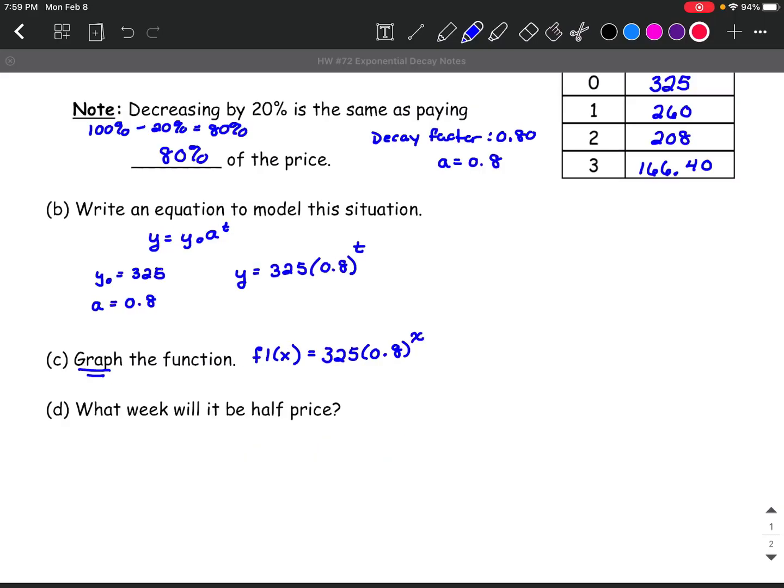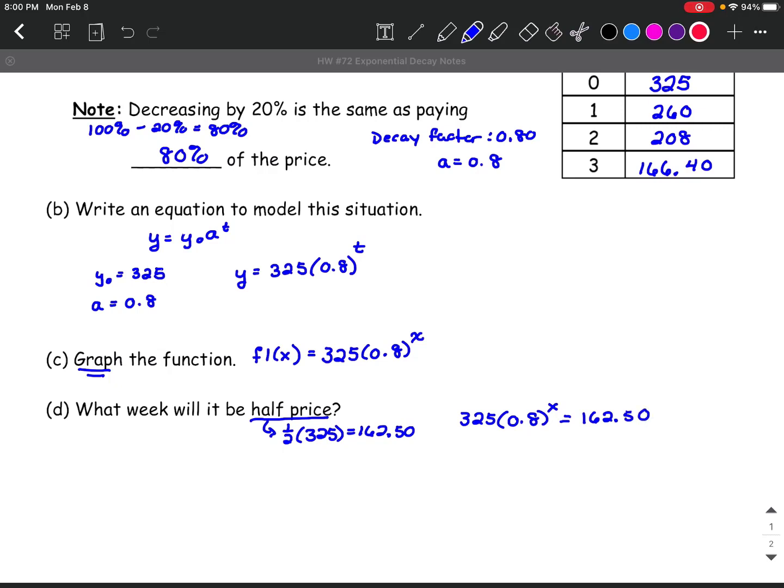Okay, so now we want to know what week will our item be half price. So half price means it would be 1/2 of the $325. So half of that is $162.50. So what do we want? We want our equation 325 times 0.8 raised to the x to be equal to $162.50.